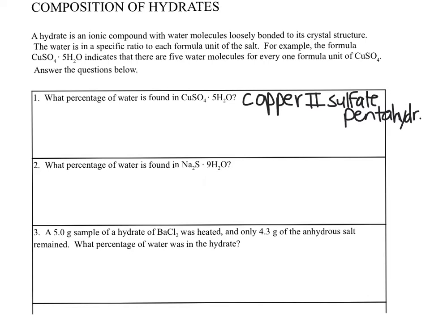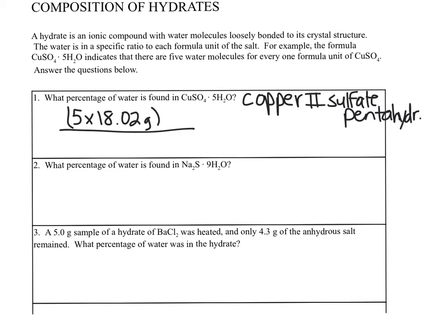Okay, and so in order to do your percentage of water, we would figure out 5 times the molar mass of water, which is 18.02 grams, all taken over the molar mass of copper 2 sulfate pentahydrate. So all of it all added together.